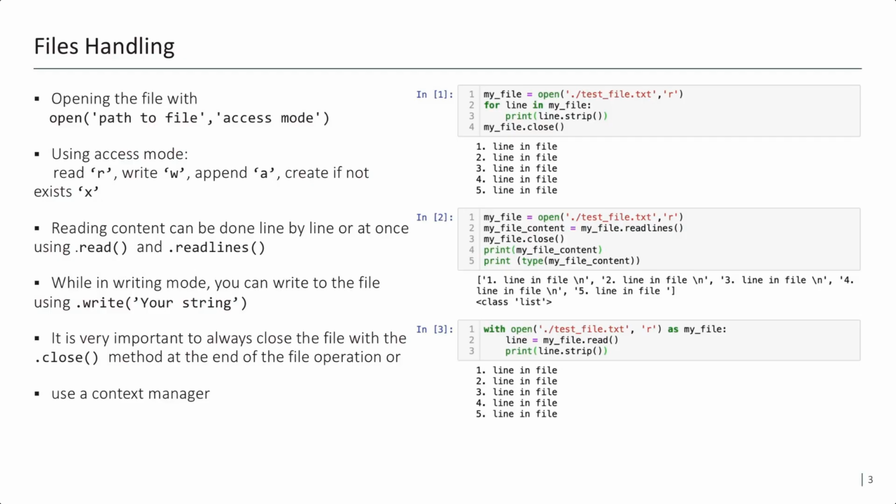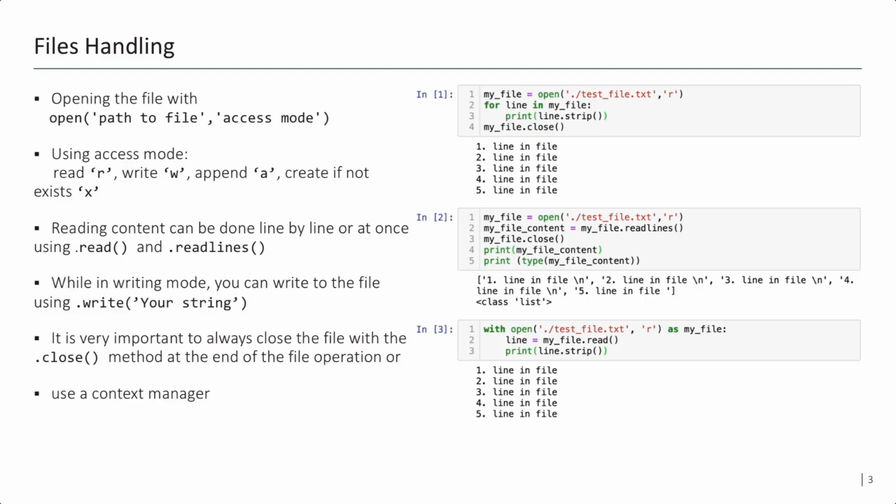It is important to close the file after using it, using the close method, or using the open file method in the context manager. To the right of this slide, we will see some examples.